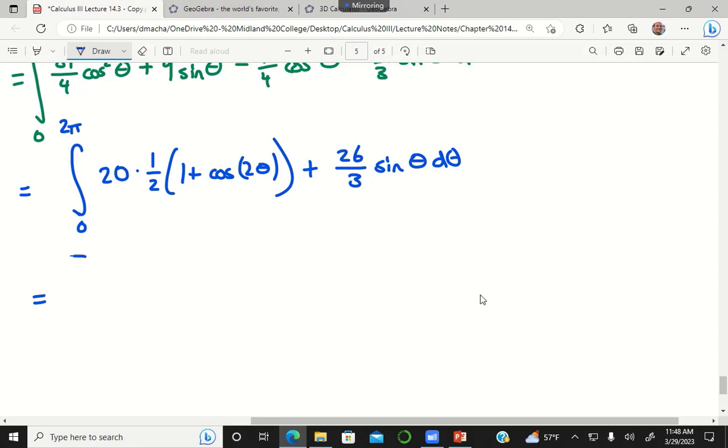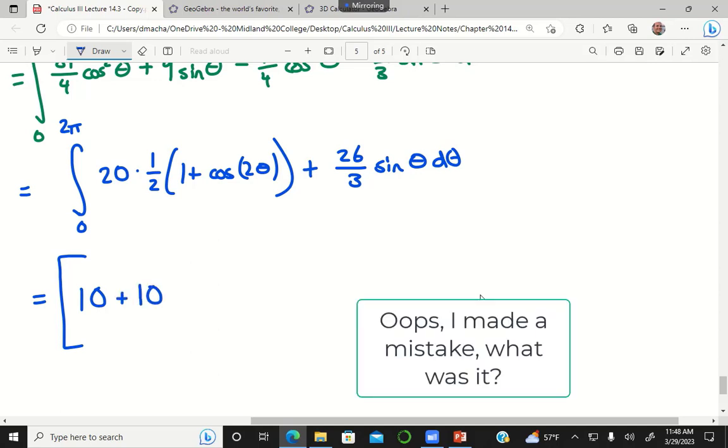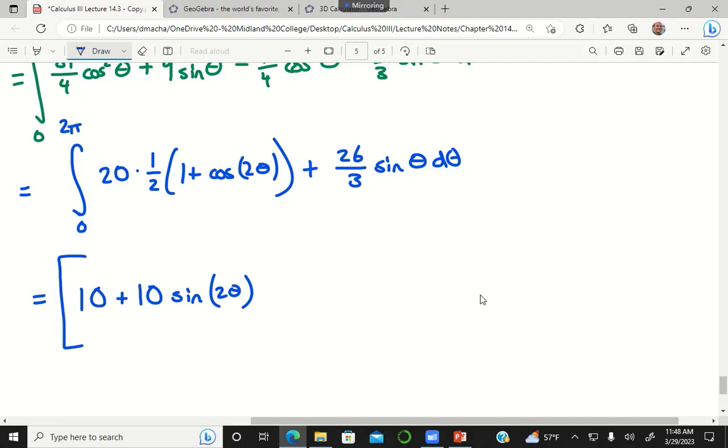Now I think we're ready to go ahead and take the antiderivative. So this is going to be 10 plus 10. The antiderivative of cosine 2 theta would be sine of 2 theta, and then I would have to divide by 2. So 10 divided by 2 is 5. And then the antiderivative of sine would be negative cosine, so I'll have negative 26 over 3 cosine theta.